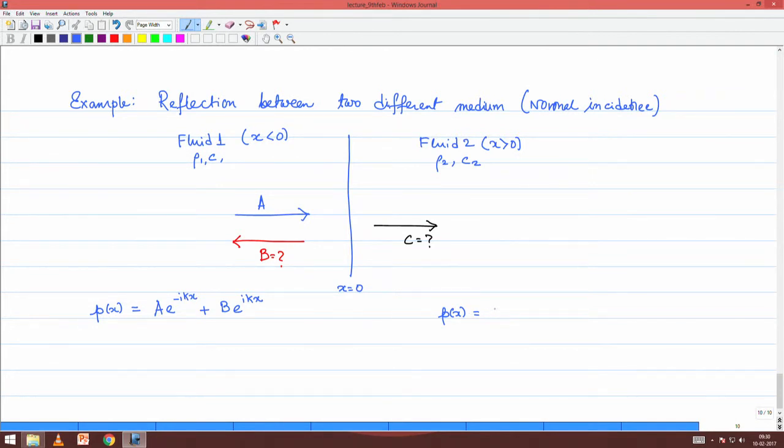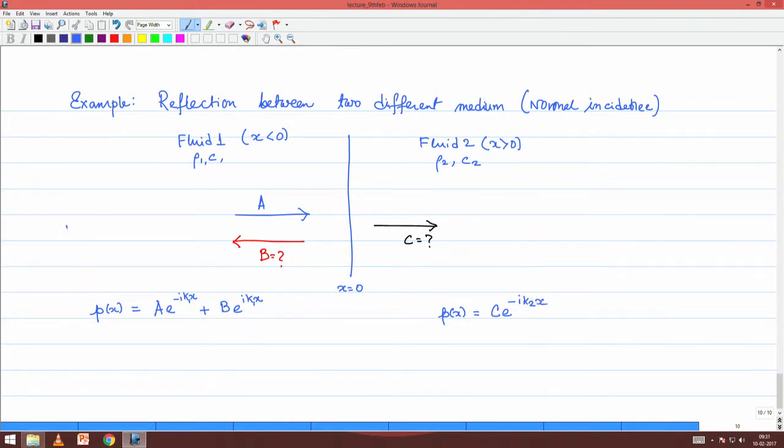So, that makes it C e to the power minus i k 2 x. Just to do the bookkeeping, fluid 1 will have a certain property and fluid 2 will have certain property, the wave numbers associated with it will be different. So, therefore, I will put k 1 associated with fluid 1 and k 2 associated with fluid 2.